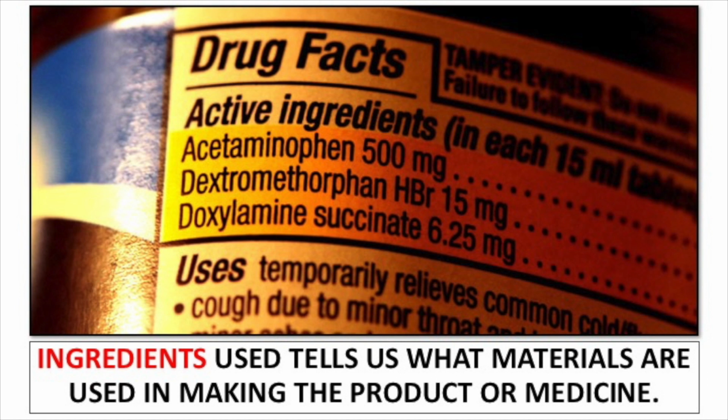Acetaminophen, dextromethorphan, doxylamine succinate. You see, medical terms are all scientific. Let's try to say after me. Acetaminophen, dextromethorphan, doxylamine succinate. Yes, with medicines, the ingredients are often funny names.